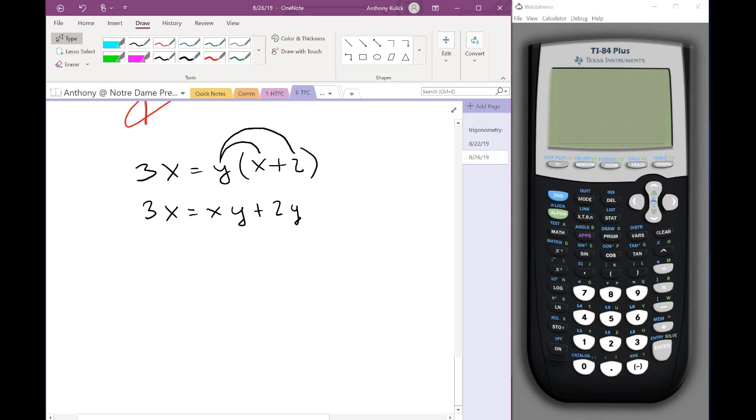So what would I want to do next? I would want the x's together on the same side. Subtract xy from both sides. That'll get the x's on the same side. Can I subtract xy from 3x? No, right? Because they are not like terms.